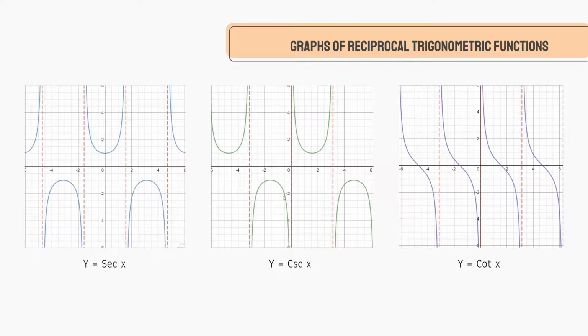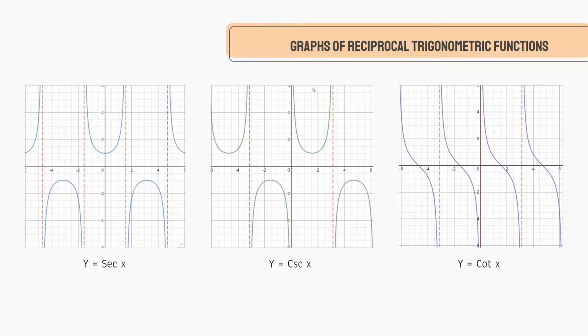The same thing goes here. We could move this graph over by pi over 2 to the left and get the same function, or move it pi over 2 to the right and get this function over here. Lastly, this is our graph for cotangent of x.